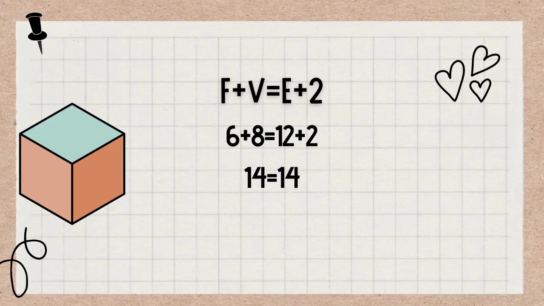V is 8, the vertices of the cube. E is the edges of the cube, which is 12, plus 2. We add 6 + 8 = 12 + 2. 6 + 8 is 14, and 12 + 2 is 14.